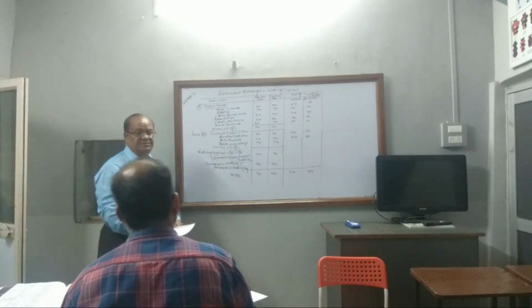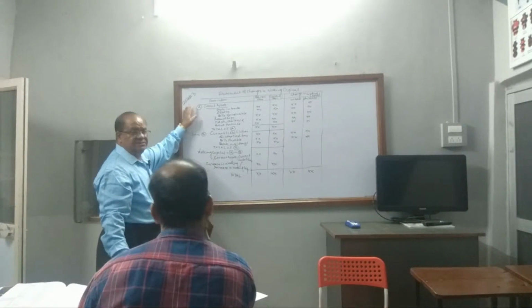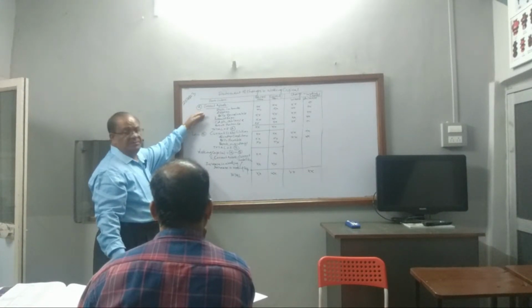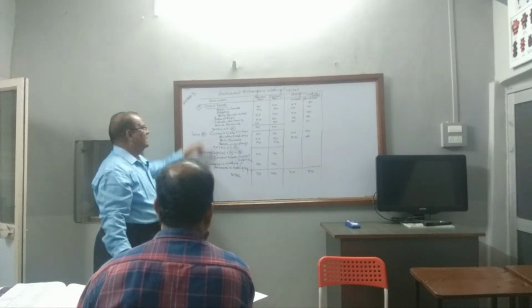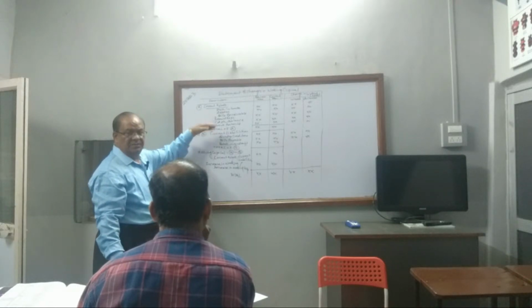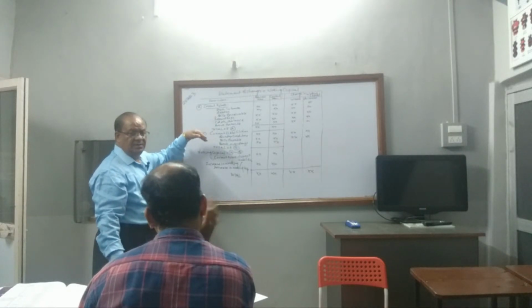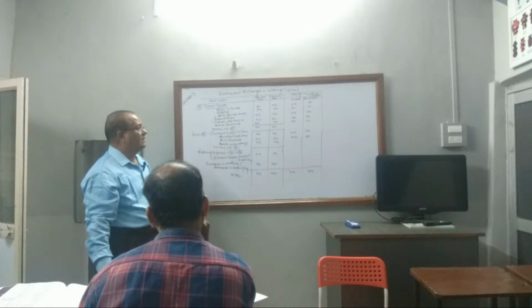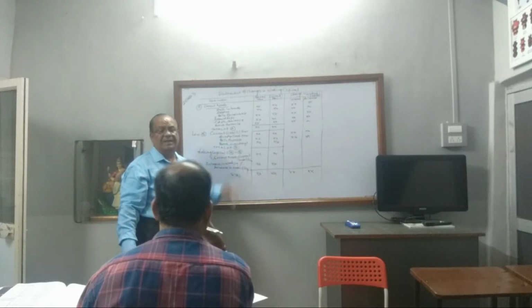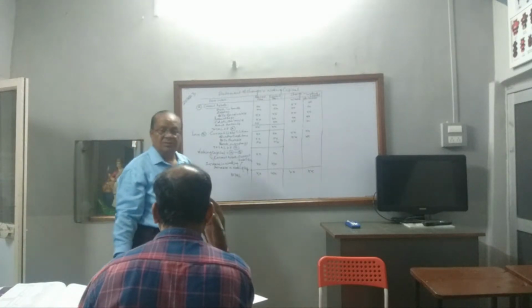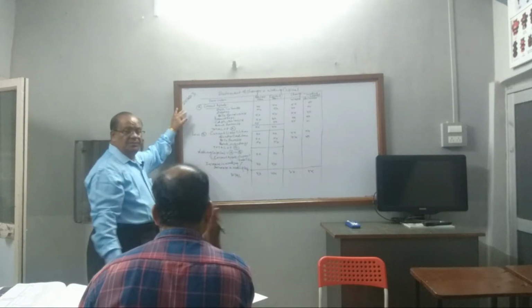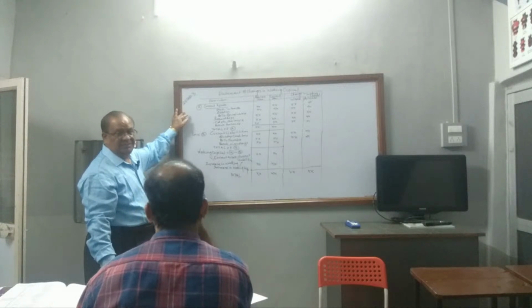So very simple here. First we take current assets. In that, the list will be stock in trade, then debtors, bills receivable, prepaid expenses, cash balance, bank balance. Then total of current assets. You have to prepare like this, because they asked you to give the pro formas of changes in working capital.